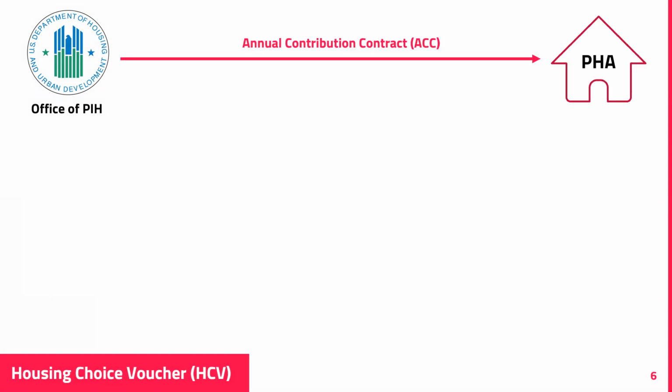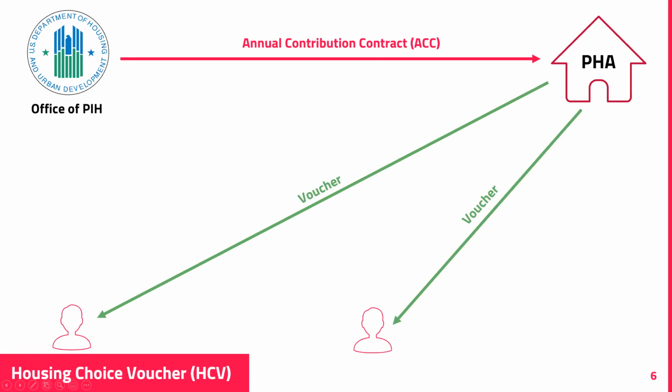All right, just to give you an overview of how each of those 3 programs work. For the Housing Choice Voucher, the Office of Public and Indian Housing issues an annual contribution contract to the Public Housing Authority, who in turn issues vouchers to the tenant.